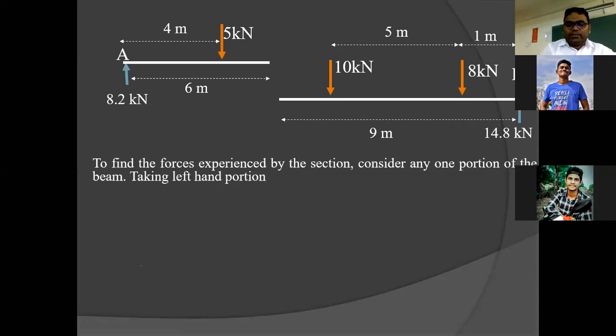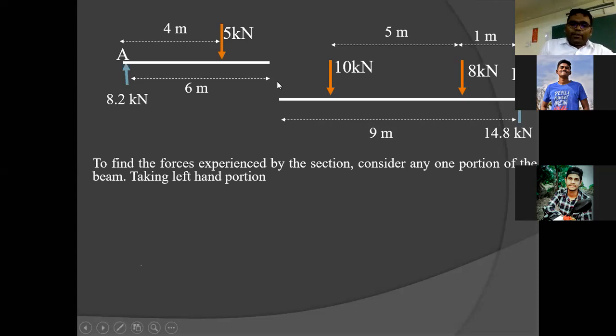So let's see that. To find the shear force, the force experienced by that section. This is a section, where I have taken the section. Consider any portion of the beam, taking the left hand side portion.